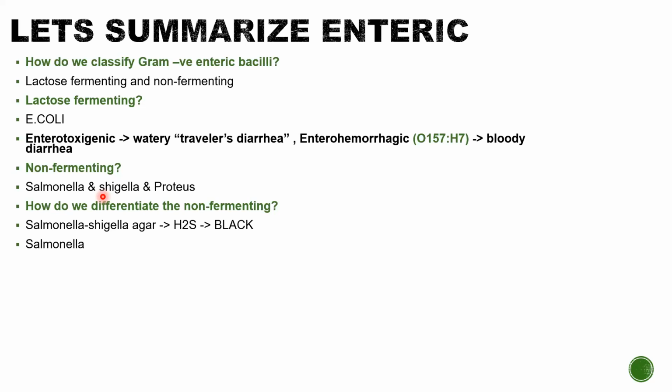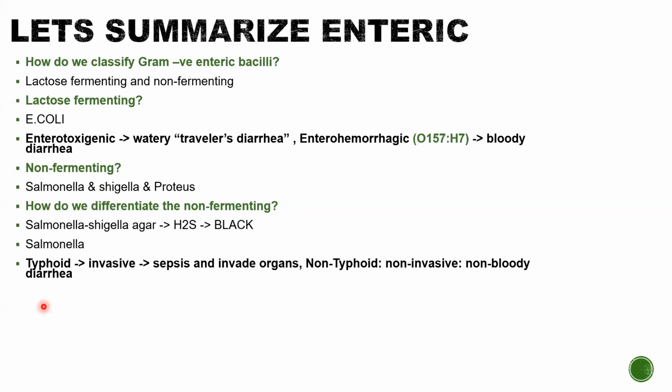Okay, what are the two types of Salmonella infections or diseases? Yes, we have typhoid and non-typhoid. Typhoid is the invasive one, which means it can reach the blood and invade organs, causing sepsis.